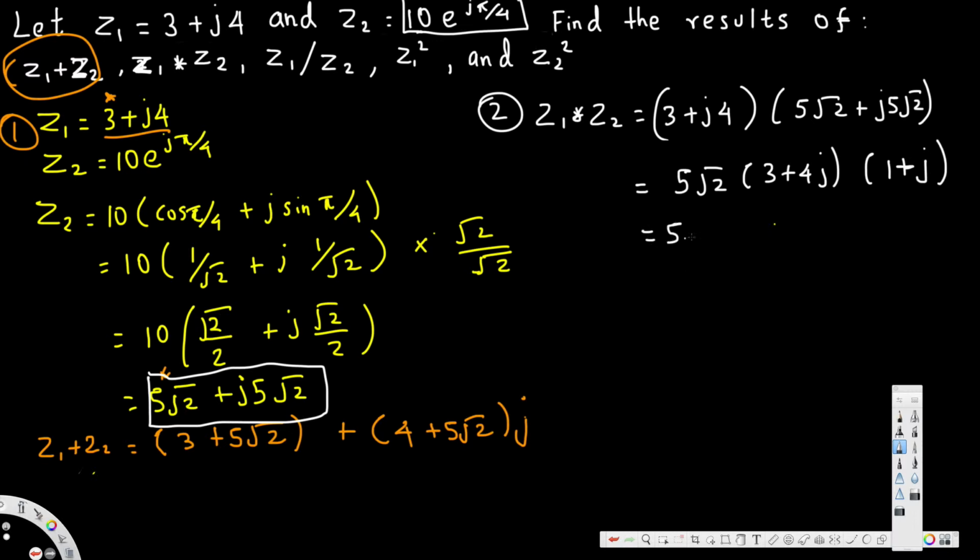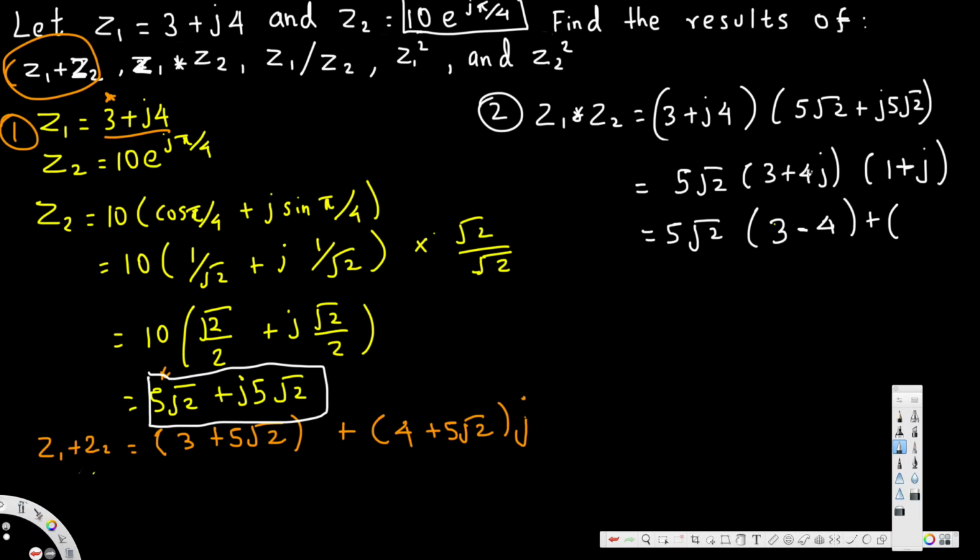Now we can do the multiplication. 3 times 1, 3, and 4j times j, that's 4j square. j square is minus 1, so minus 4.